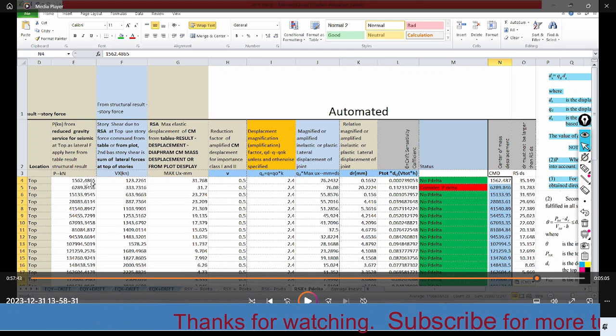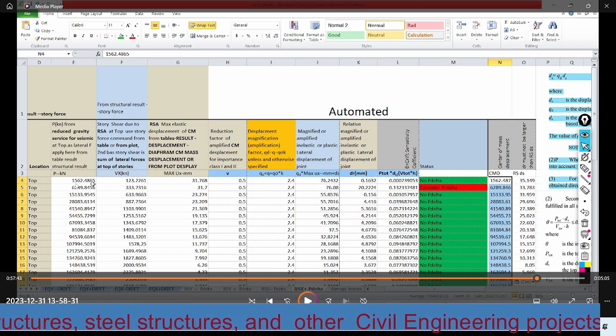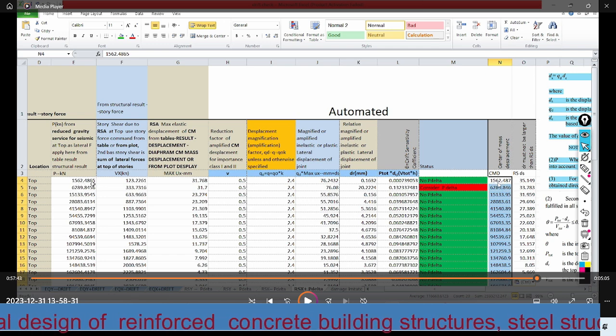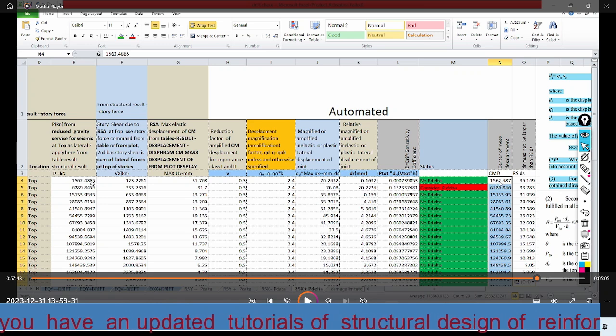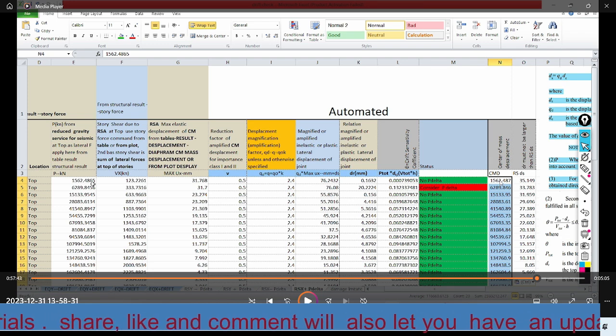Because as we see, the results of the vertical force due to the gravity loads before the consideration of P delta is similar with the results of the gravity forces at each story after considering the effect of P delta.